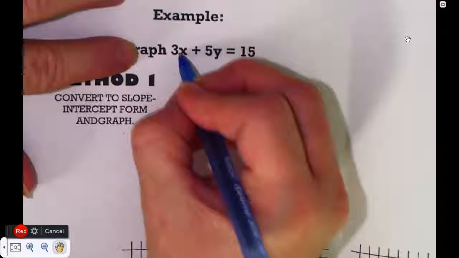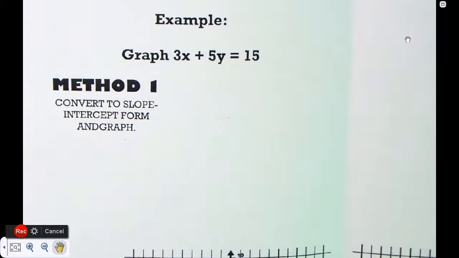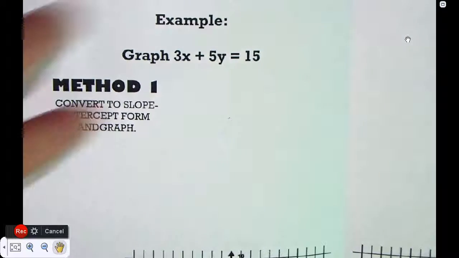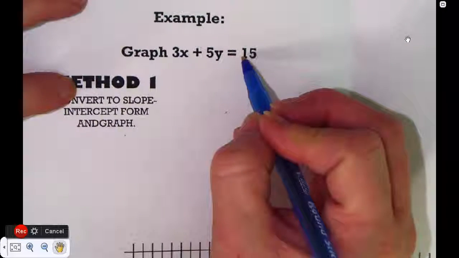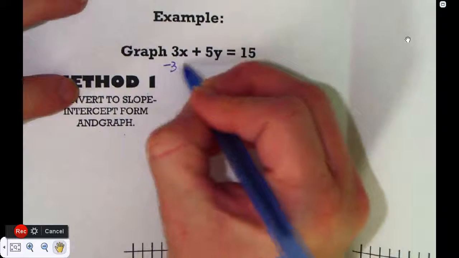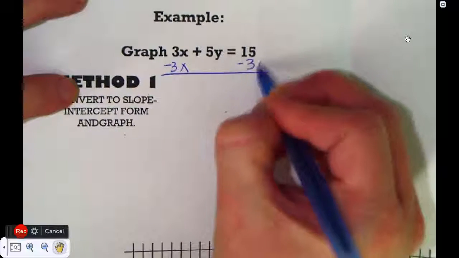Hey, is this in true standard form? It's all integers. A and B are not both 0. A is positive. We're good. And you can't reduce by anything. Okay, so we're going to move 3x over, aren't we?